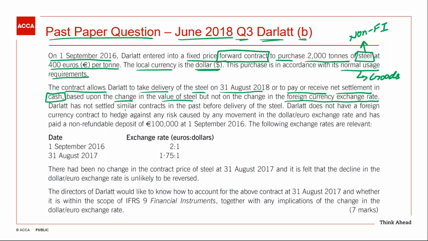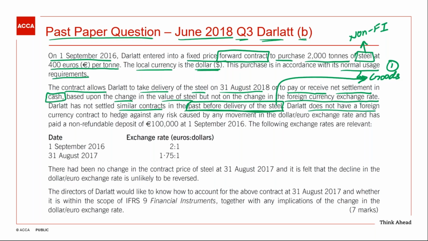Darlet has not settled similar contracts in the past before delivery of the steel. So this is the second point, that my past practice is to settle in goods. This is the second point that is supporting that most probably now also I will settle in goods.